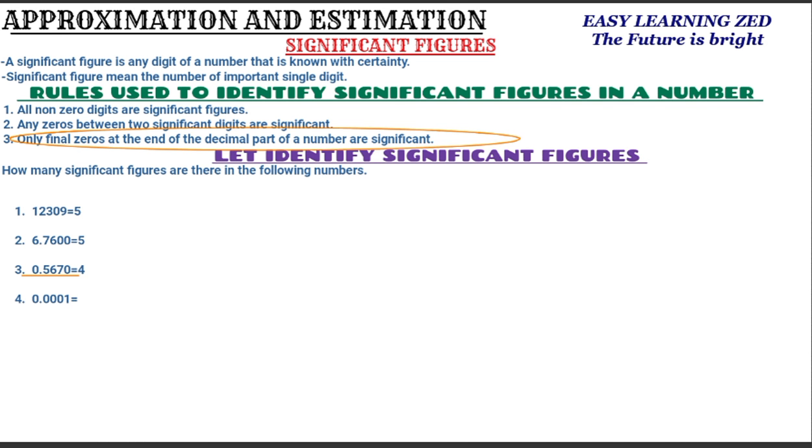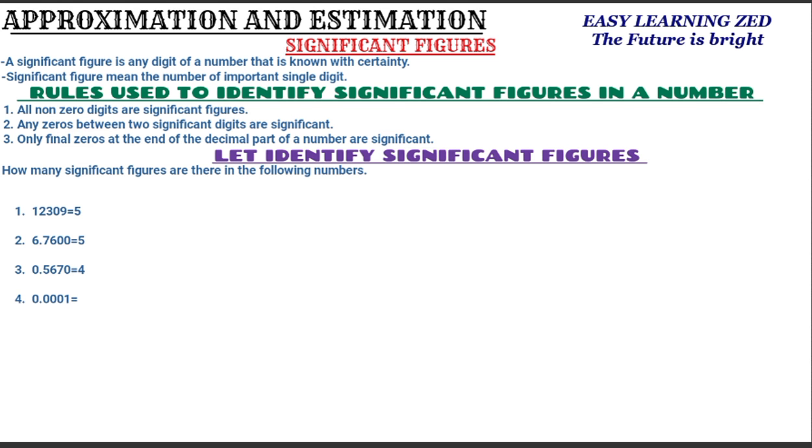So it has 4 significant figures. The 0 we are counting is the one at the end, not the one I've circled in orange. The first 0 is not counted on number 3. We are counting the one at the end after 7. So it has 4 significant figures.